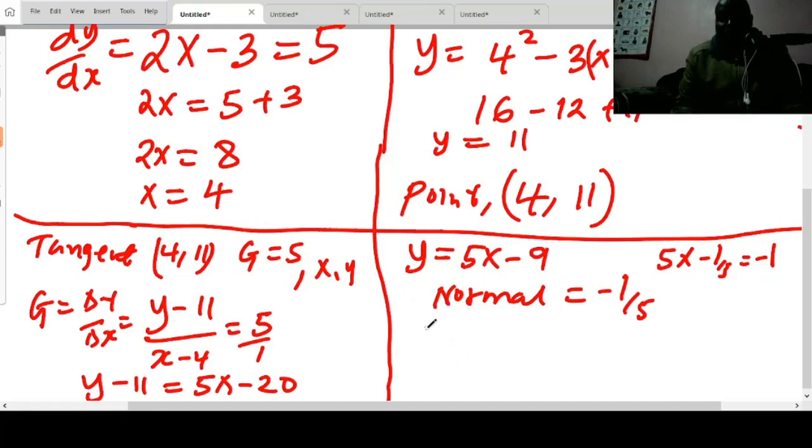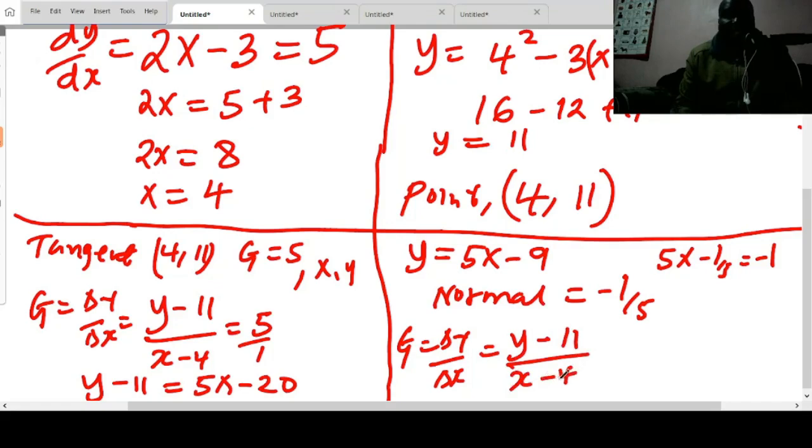So you are going to say gradient equal to change in y over change in x. So you say y minus 11 over x minus 4, because they are sharing this point. They intersect at the point 4, 11, is equal to -1/5. Please cross multiply and get the equation.